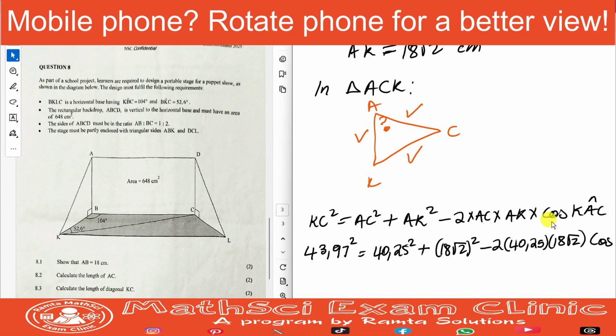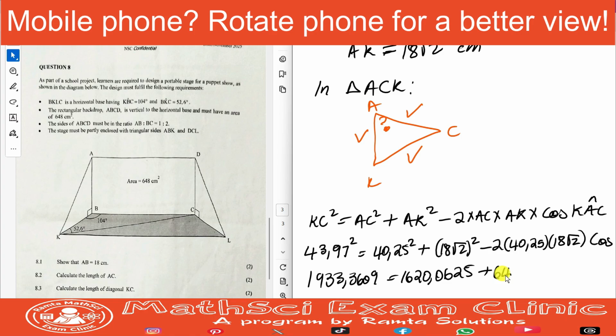43,97 squared will be 1933,3609. 40,25 squared will be 1620,0625. Open bracket 18 root 2 close bracket squared will be 648.